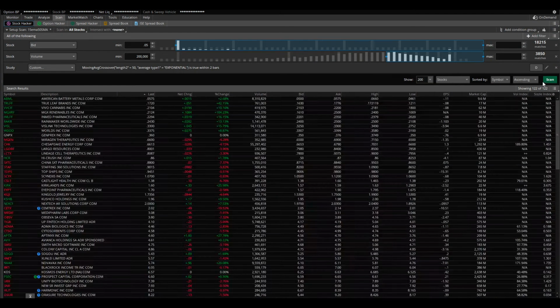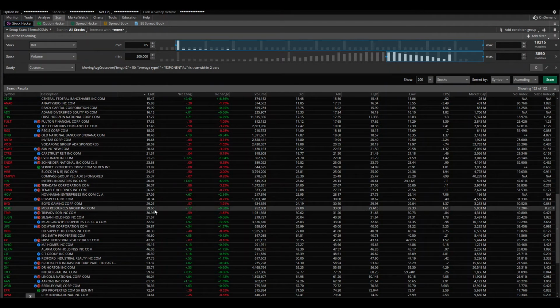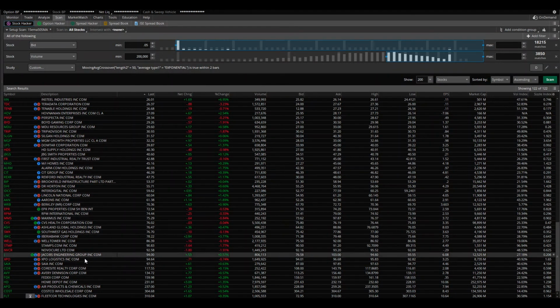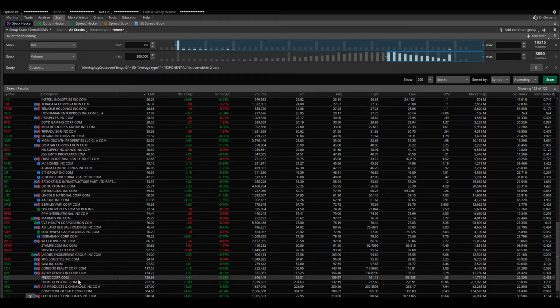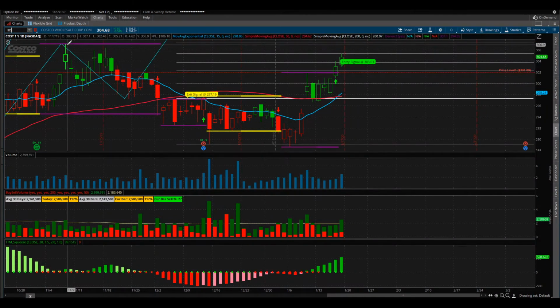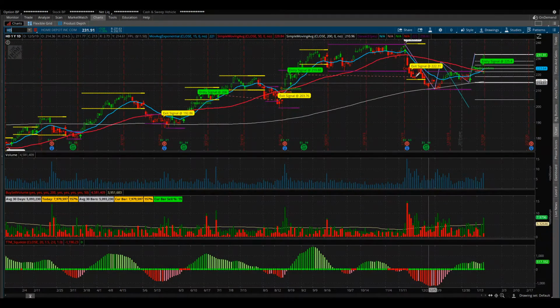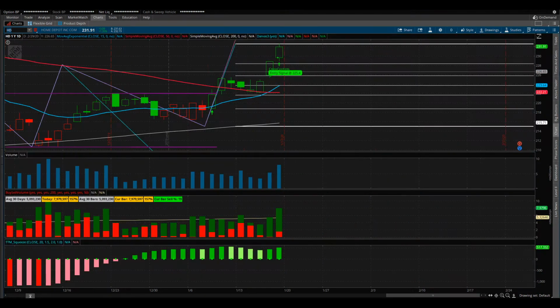So let's find another example. How about Home Depot? Because that actually came up on quite a lot of different scans for me on Friday.